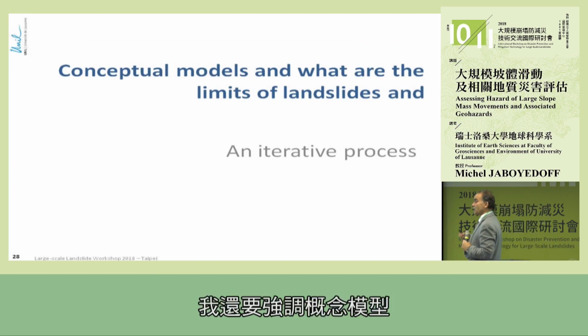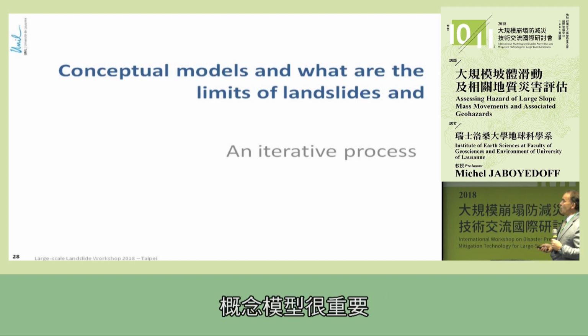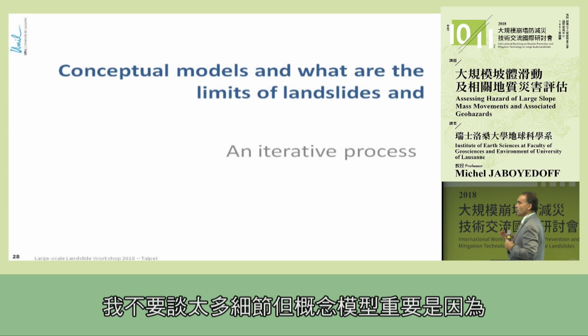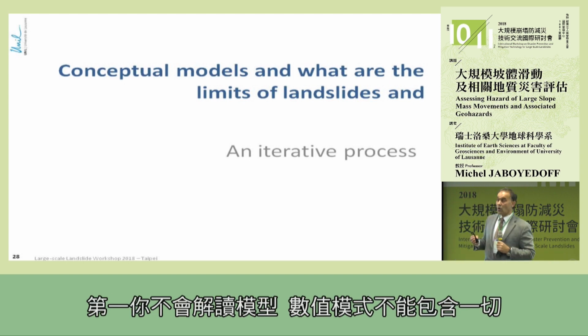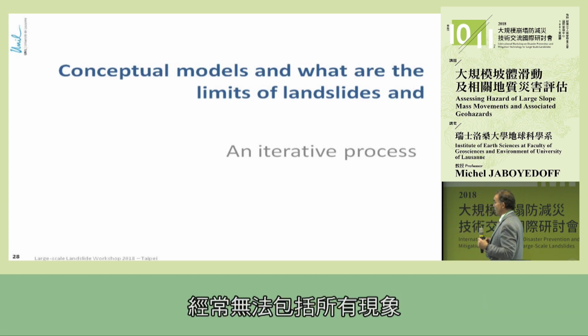Then I will also just stress the problem of the conceptual model. The conceptual model is really important, because I will not enter too much into detail, but the conceptual model on slopes is very important, because first, you don't really know, the numerical models are not able to capture everything. And often, it's not possible to capture all the phenomena.